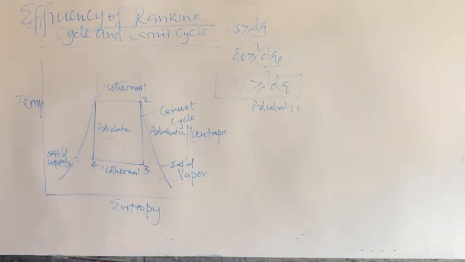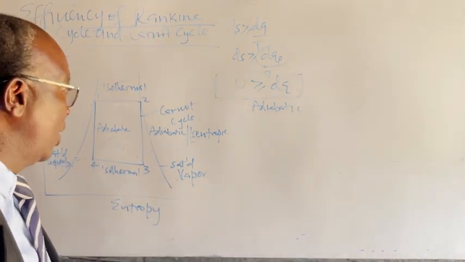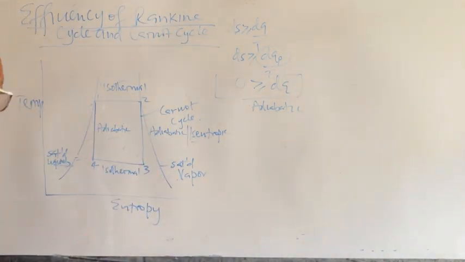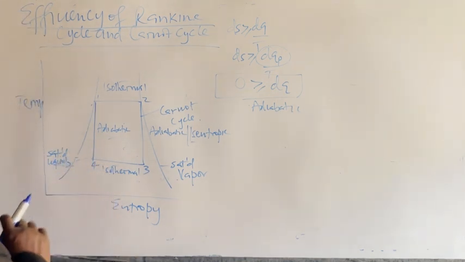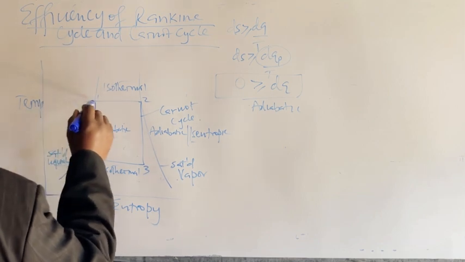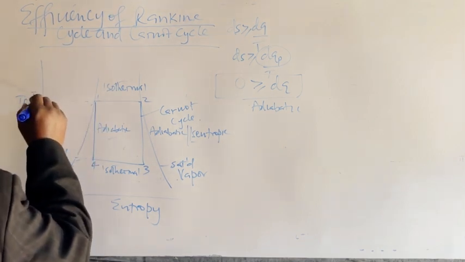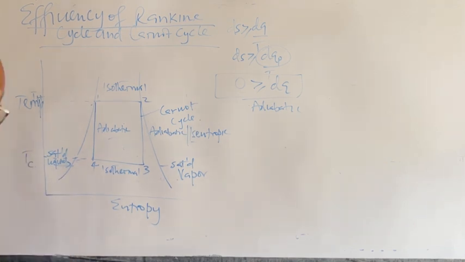Now, like we have said, we need to use water in place of ideal gas to customize the Carnot cycle into the Rankine cycle. The other thing we realize is that for this constant temperature, let's call that TH, the temperature of the hot body, and TC, the temperature of the cold body.